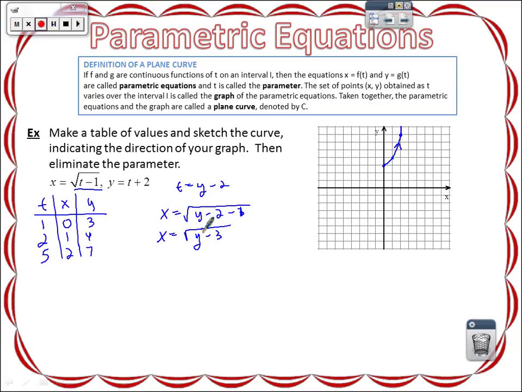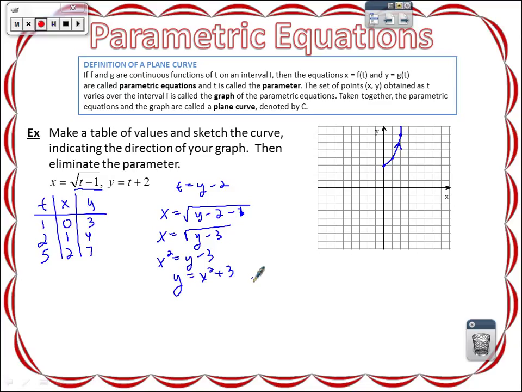The exception to that is if you have a sideways parabola. One of those sideways parabolas, you know those equations are like x equals y squared. You don't have to solve for y in that case. But in this case, this equation would be a parabola. So we would square both sides and solve for y.